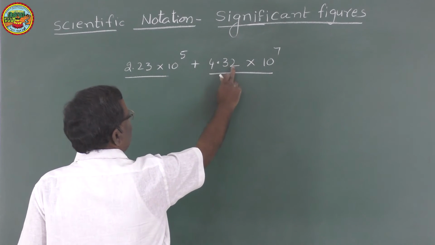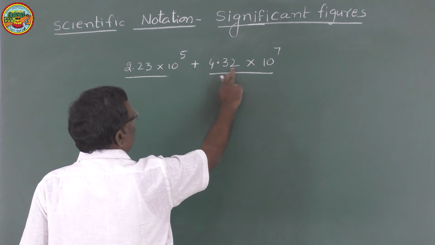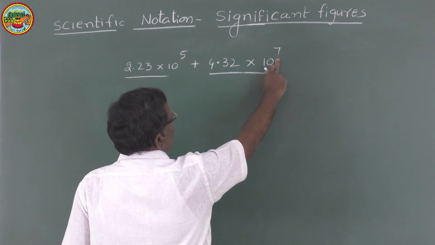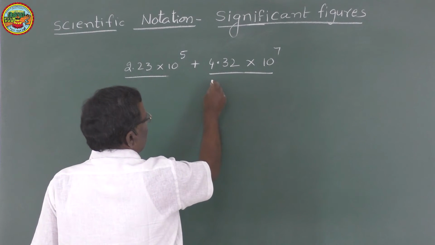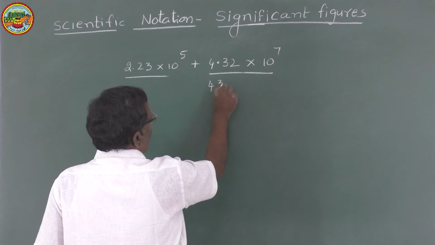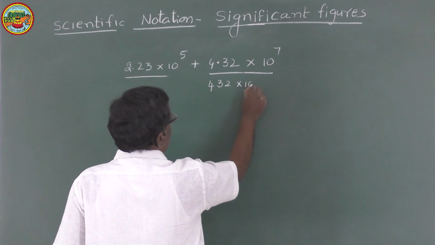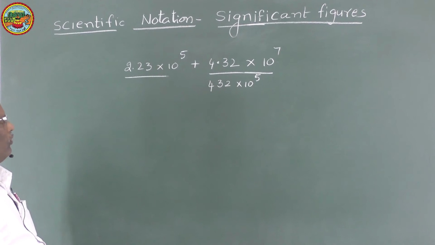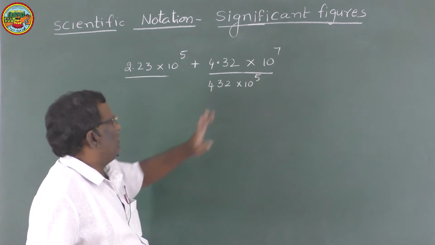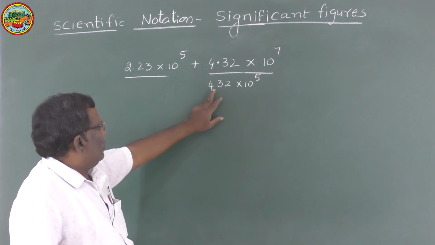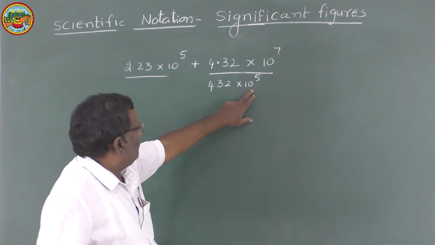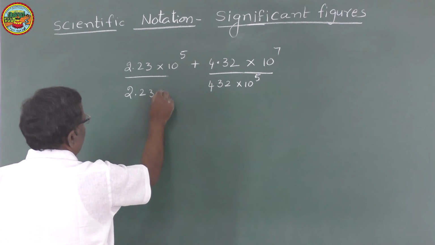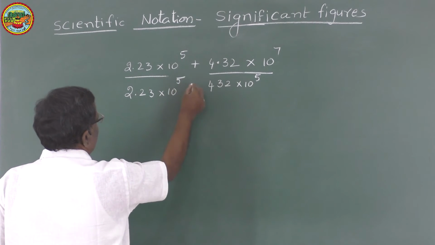If you move towards the right side, the positive power will decrease. So 4.32 into 10 to the power 7 can be written as 432 into 10 to the power 5. So now here you have 2.23 into 10 to the power 5.